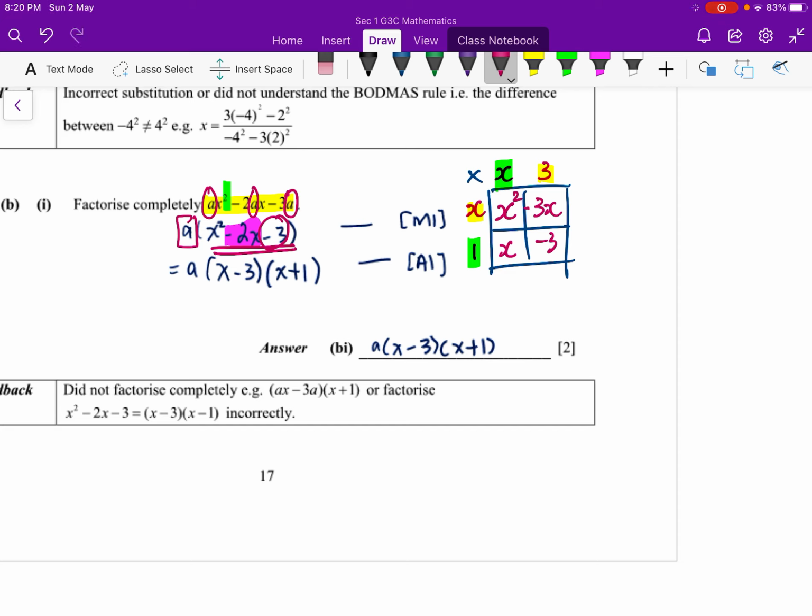So that negative 3x plus x gives me negative 2x, which is what the question wants. And since we introduce a negative sign for the 3x, we need to put a negative sign over here so that our negative 3 times our positive 1 gives us a negative 3. And now we have successfully factorized the quadratic to give us x minus 3 times x plus 1. Okay, as shown.